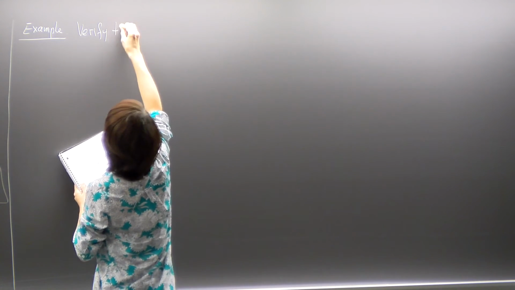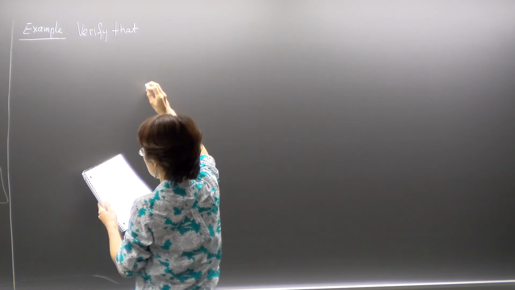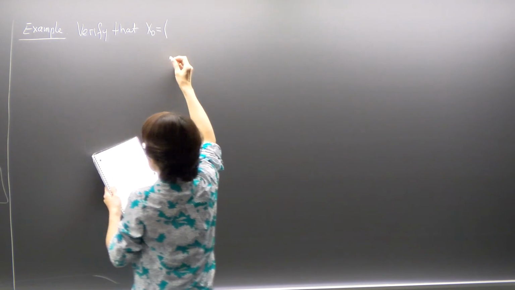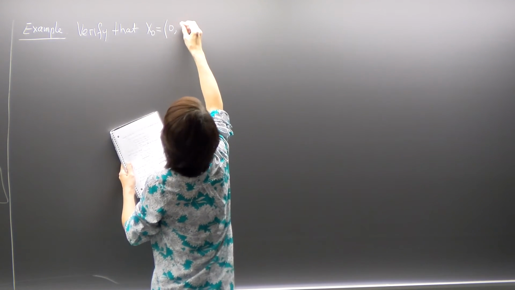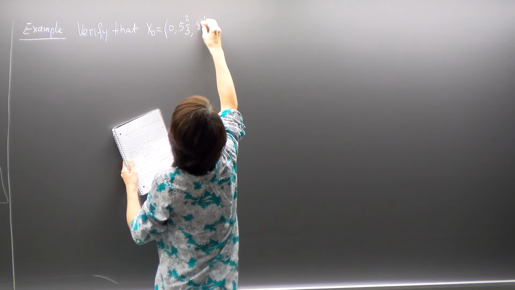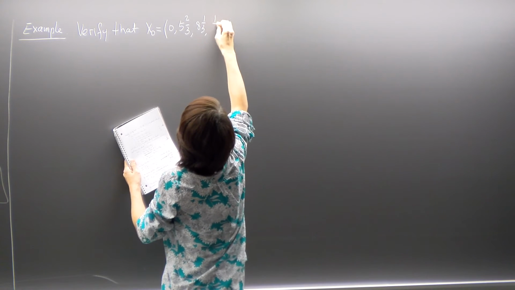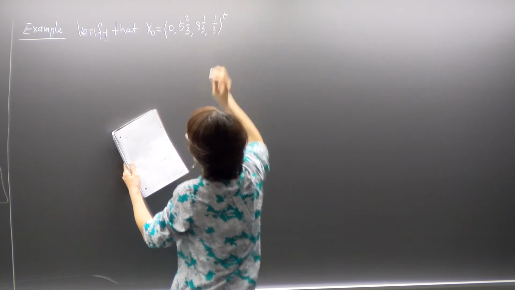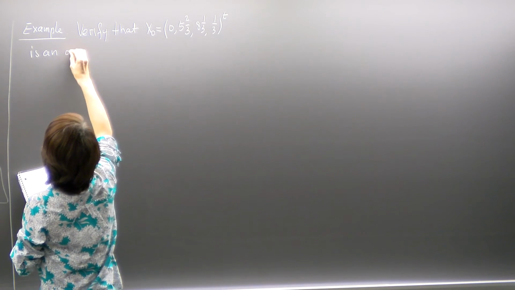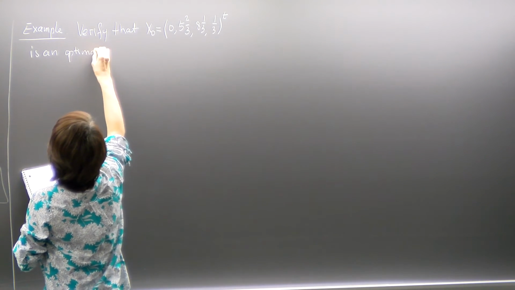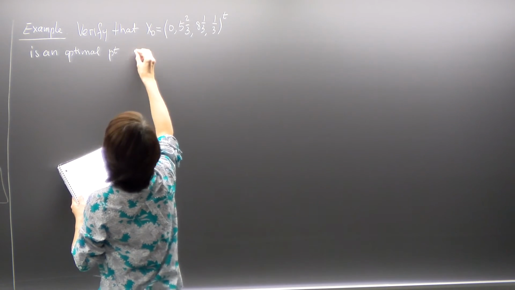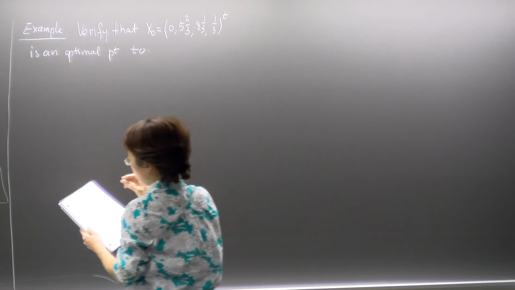Verify that x naught equals (0, 5, 2/3, 8, 1/3, 1/3), let it be a column vector, is an optimal point to the following problem.